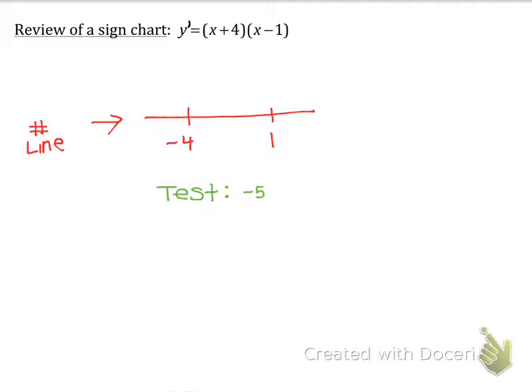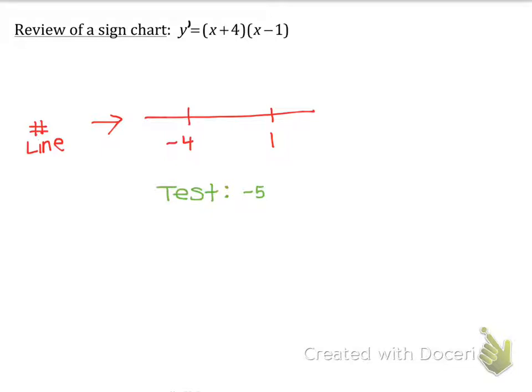And again, these -4 and 1 are critical points because on the chart before we were talking about the fact that where the tangent line equals 0, those are your critical values. So if I'm telling you this is the first derivative, then the roots are the critical values.